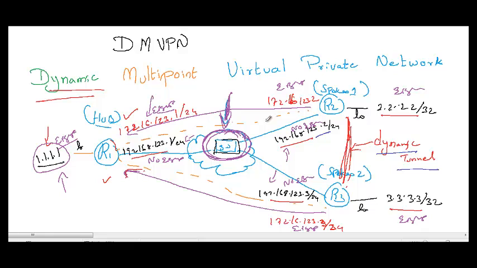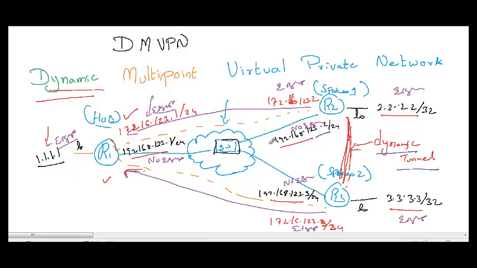It won't see the real source 111 going to 222. I have explained this scenario in my other videos, which you can see on our channel, where I use a routing device in the middle. But to make it simple, I just took a switch so that we can concentrate only on DMVPN, not on the other routing part.